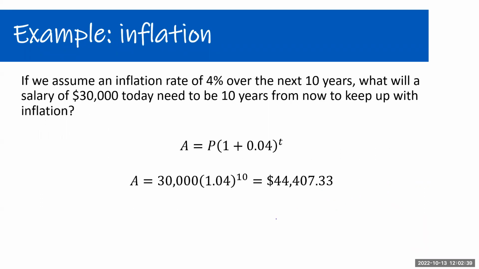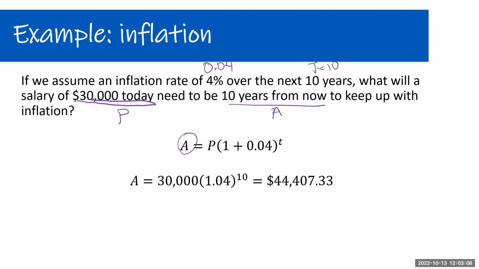For example, if we assume an inflation rate of 4%, so 0.04, over the next 10 years, so T is going to be 10, what will a salary of $30,000 today, so today, P, need to be 10 years from now, the future, to keep up with inflation? Okay. So we're looking into the future. The future is going to be A. P is what it is right now.